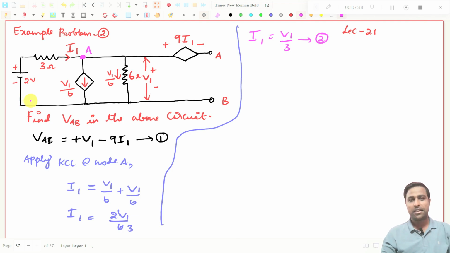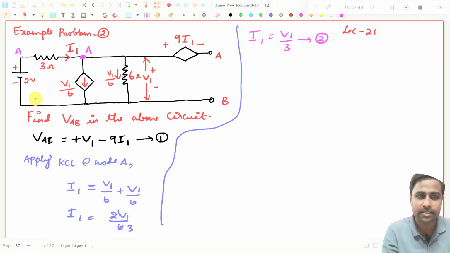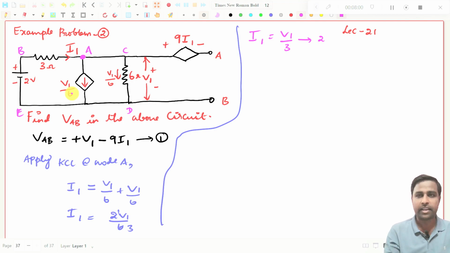Like that I can apply the KCL. See, I will write the points so that you can easily understand. This is A, B, C, D, and E. We will take it as E.